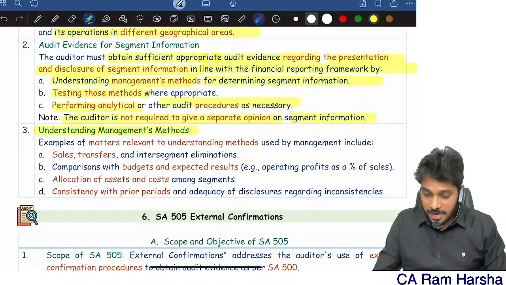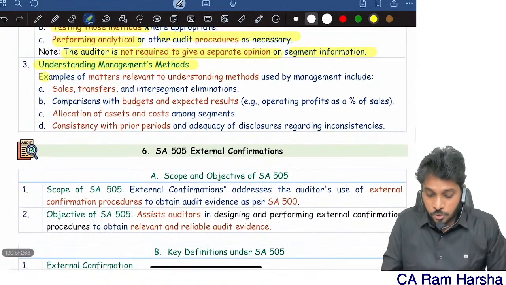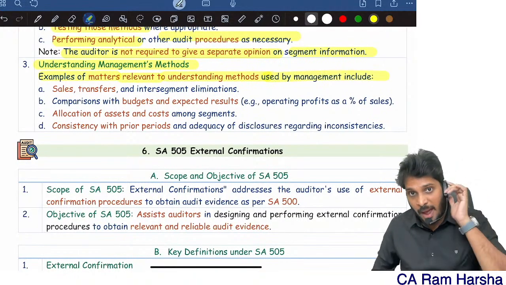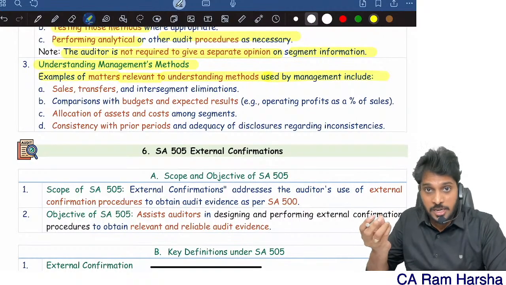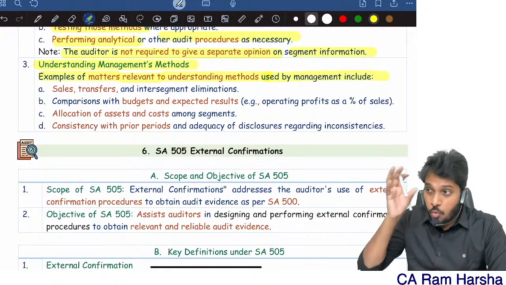Now, you need to understand the methods which management used. When you're understanding the methods, there are some matters which are relevant. Whatever methods management used, we call them methods for identifying reportable segments.